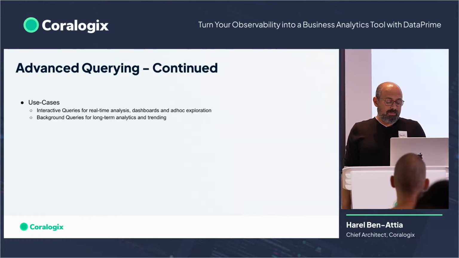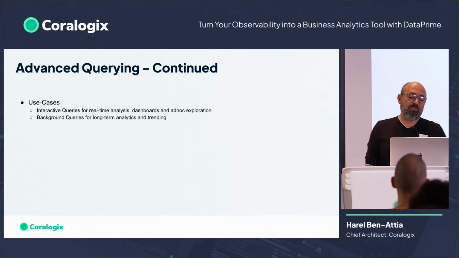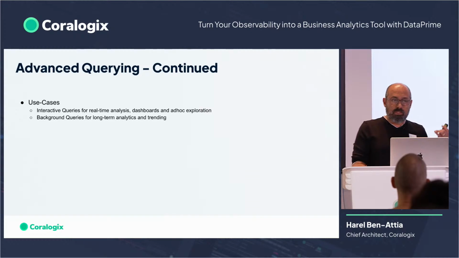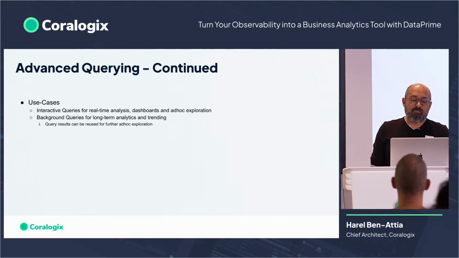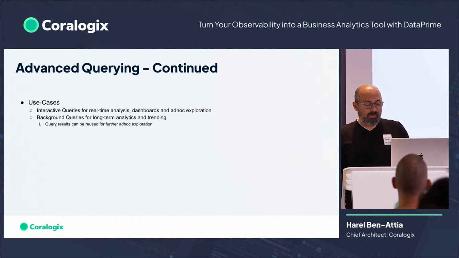Two use cases, as I mentioned a little bit earlier: interactive queries for real-time analysis, dashboarding and ad hoc exploration, which is what you mostly saw in the previous examples, and background queries for long-term analytics and trending.